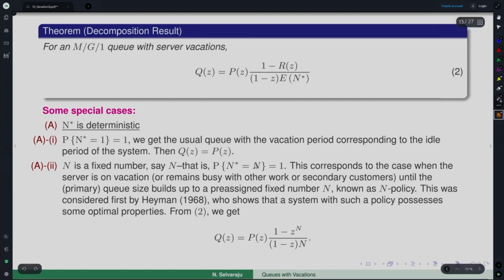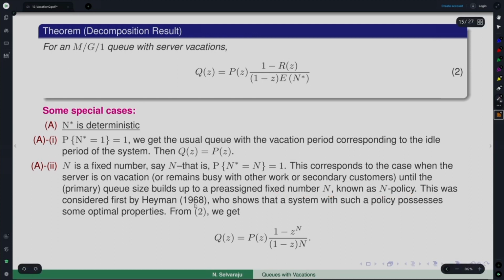But having decided some n, in this particular case n is a fixed number. So, probability of n star equal to n is 1. This corresponds to the case when the server is on vacation or remains busy with other work or secondary customers until the queue size builds up to a pre-assigned fixed number, which is what happens in the N policy.